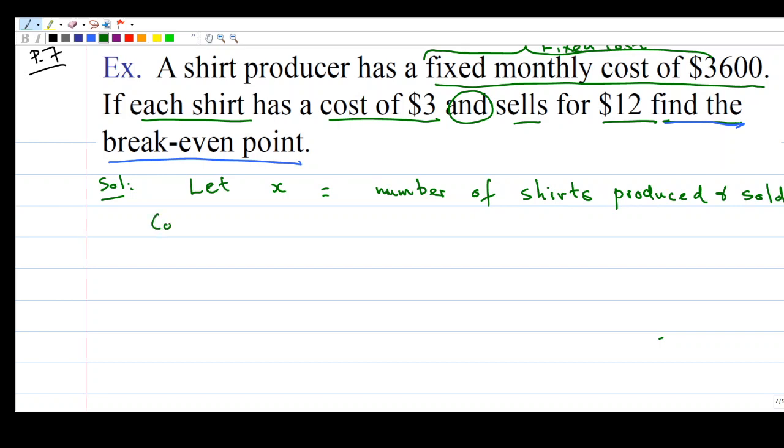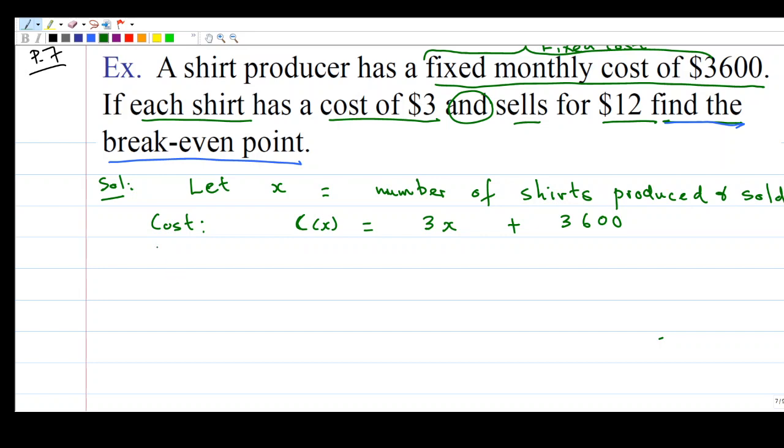So your cost function, capital C as a function of x, is going to be, we know that each shirt costs $3, so it's going to be 3x. That's your variable cost plus your fixed cost, which is 3,600.